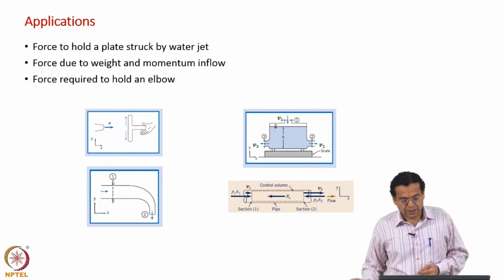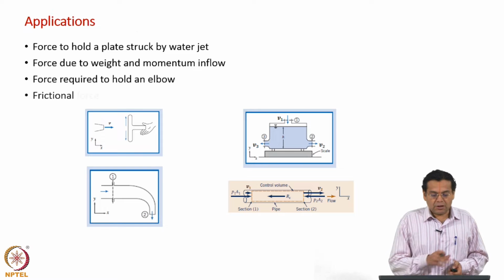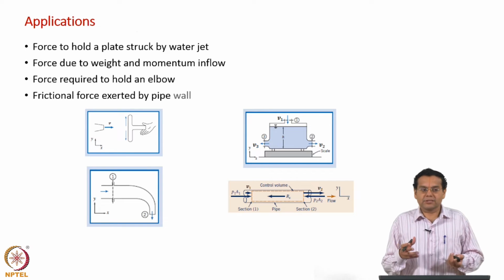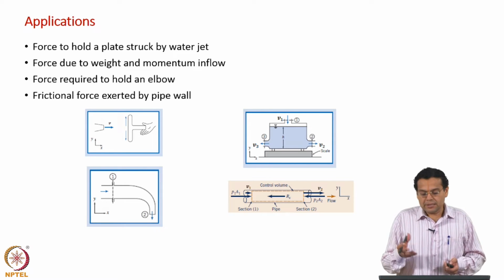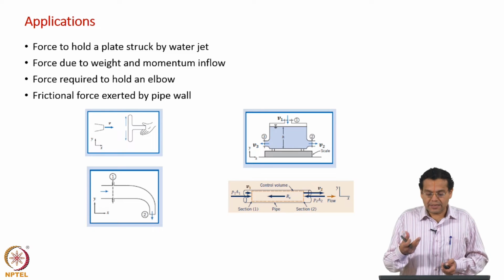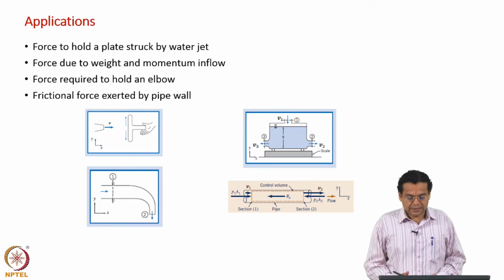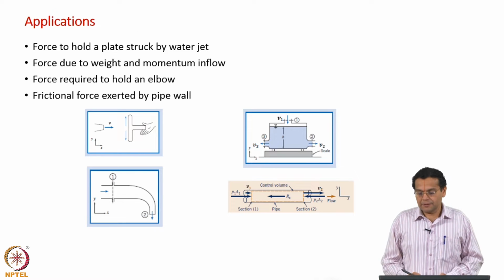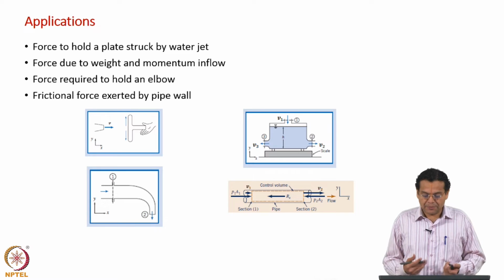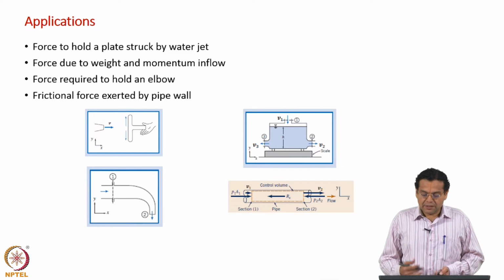And the fourth example, so all these are reaction forces. Remember we discussed pressure force, reaction force, frictional force. The last example illustrates frictional force. We have flow through a pipe, and then we measure the pressure drop, temperature, etc., and find out the frictional force.